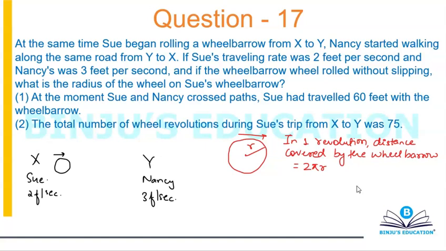We need to calculate the radius of the wheel. Let's say it covered a total distance of d, then d will be equal to n into 2 pi r, where n represents the number of revolutions.